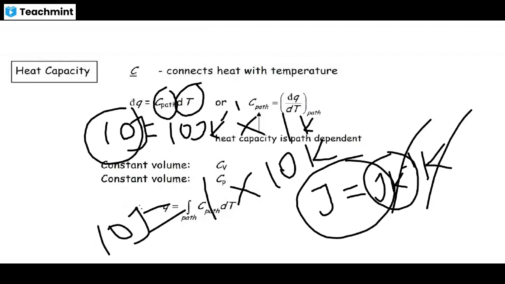So you understand this. The system's capacity to take heat is the heat capacity. How much heat you apply and how much the temperature is increased.